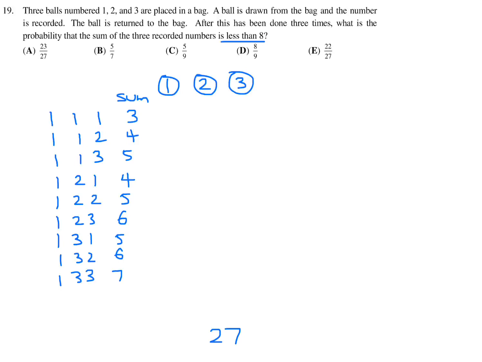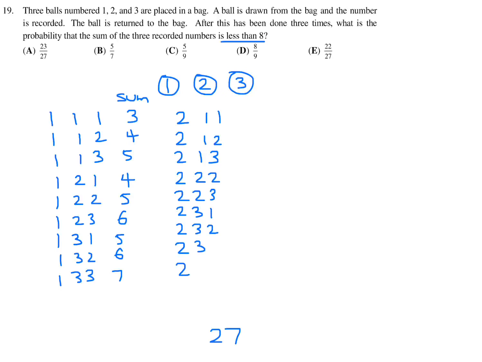And similarly, we're going to have 9 possibilities that have 2 as the first ball. 2, 1, 1, 2, 1, 2, 2, 1, 3, 2, 2, 2, 2, 2, 3, 2, 3, 1, 2, 3, 2, 2, 3, 3. And I believe I missed one there, 2, 2, 1, I missed.